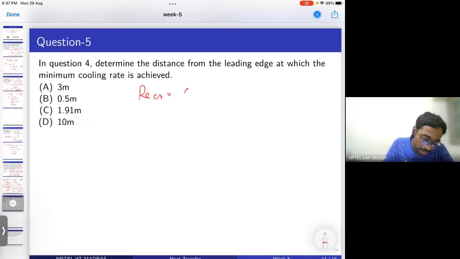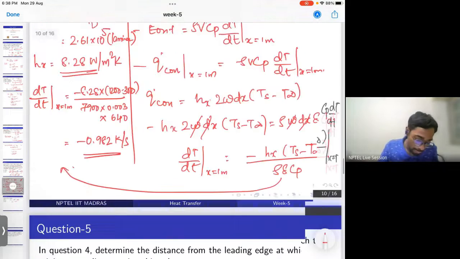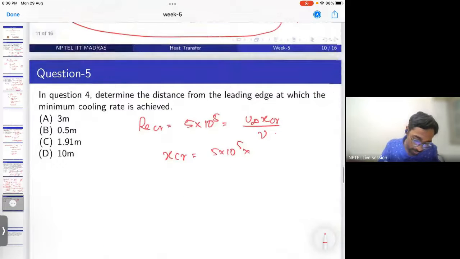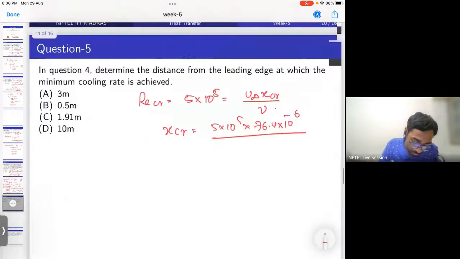The critical Reynolds number for a flat plate is 5 into 10 raised to 5, which is u infinity x critical divided by mu. So x critical is 5 into 10 raised to 5 into mu divided by u infinity. The mu is given in the question, that is 76.4 into 10 raised to minus 6, and u infinity is 20 meter per second.